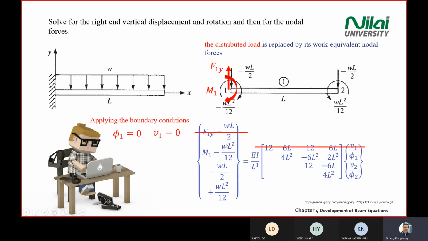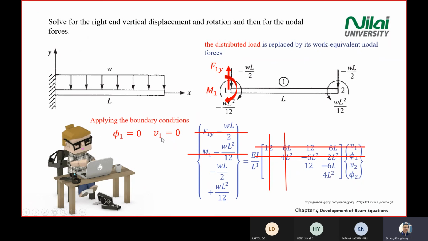You can cancel, or rather, I will not use the word cancel, you can close the respective row and column. This helps you solve the question a bit faster. You close the rotation and also the vertical displacement row and column. So at the end, you only have 2 equations to solve.